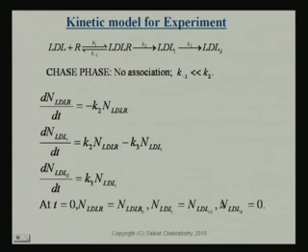You can assume it to be 0 because you have taken the cells to 4 degrees, but the reason it is put here is in case there is some residual internalization, that is, something that had already internalized before you froze it to 4 degrees, so that you can measure that if possible. Otherwise this could be 0, and of course N LDL-D equals 0. Are the initial conditions clear? So this one is very important, and these two could be 0, both of them could be 0, fine.